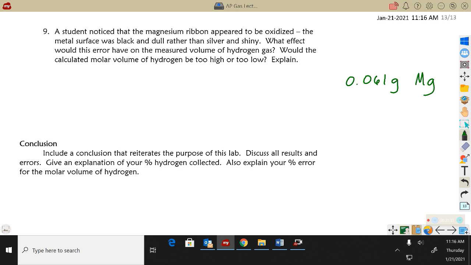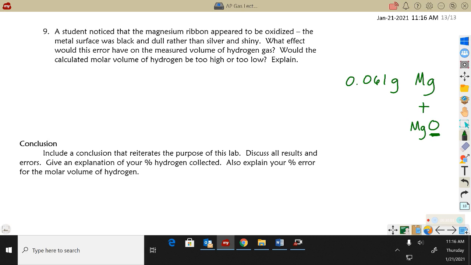That might be magnesium plus a little magnesium oxide, or in other words, oxygen. There might be a little bit of oxygen in that mass. Oh man, so that mass is too high, that's not all magnesium. And the oxygen is not going to react with the HCl and produce hydrogen gas.